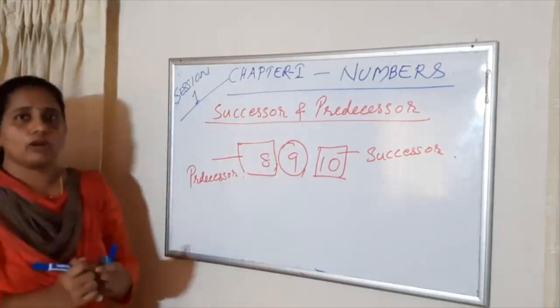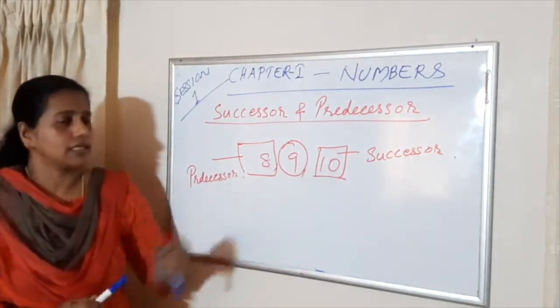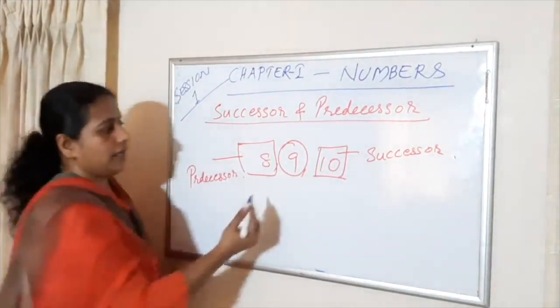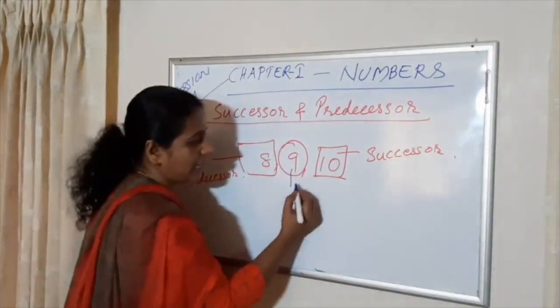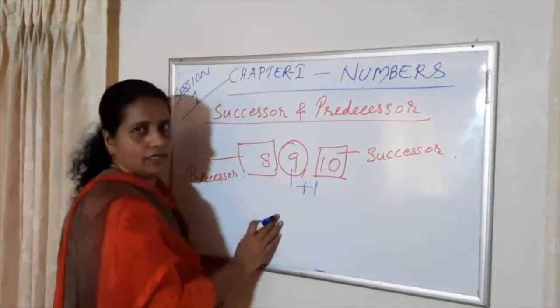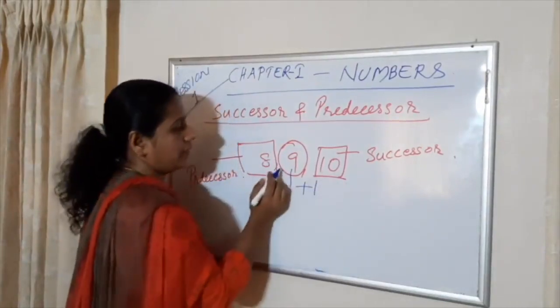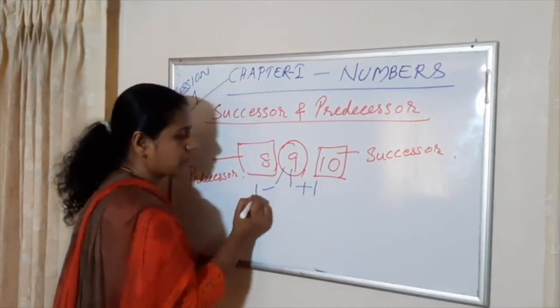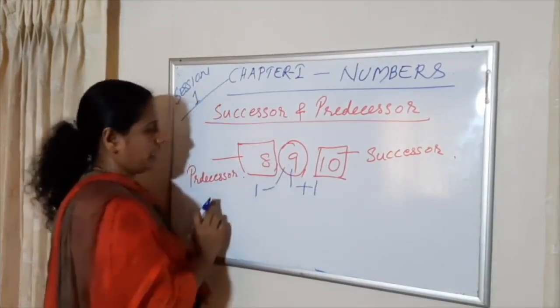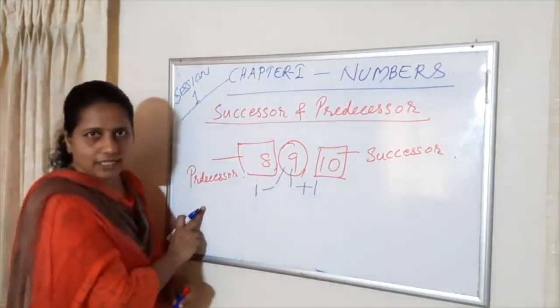Then tell me, how can you get the successor? Yes, when you add 1 to the given number, you will get the successor. And when you subtract 1 from the given number, you will get the predecessor.